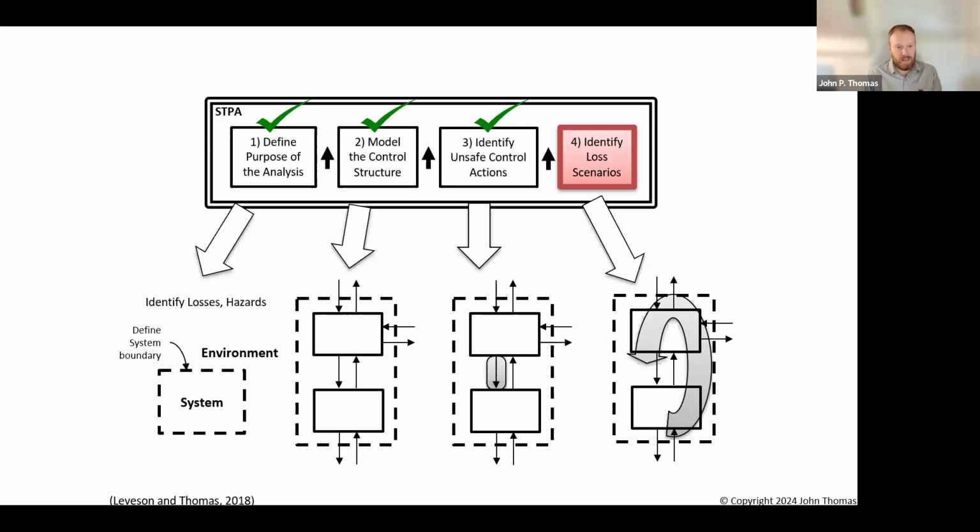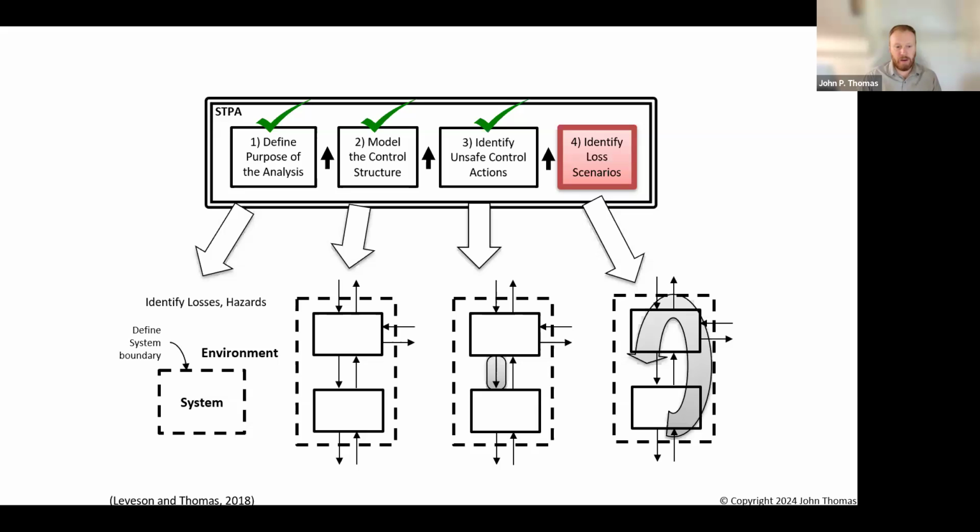And then we get to the last step, step 4, which is identify the loss scenarios. So why would a controller, whether it's human or software or something else, why would a controller issue those unsafe control actions? Why would it think that's a good idea? Some of the reasons could involve failures. Some of the reasons may not involve any failure at all, as we'll see in examples today.